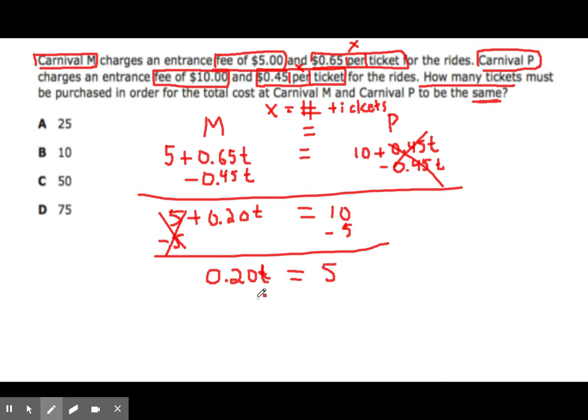So now I need to get rid of this 0.20 or 0.2. Well, that's being multiplied by t. So to cancel it out, we're going to do the opposite, which is divide by 0.20 or 0.2. There's my decimal. Again, whatever I do to one side, I better be doing to the other. So I'm going to divide this by 0.2.